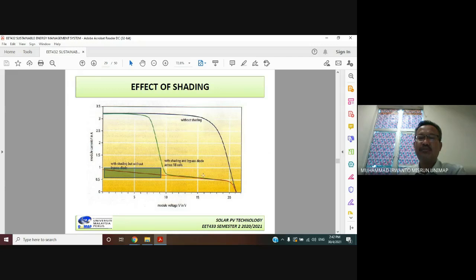The voltage remains, but the current cannot flow at all. With the bypass diode, one part of it can remain. It is reduced, but not totally.